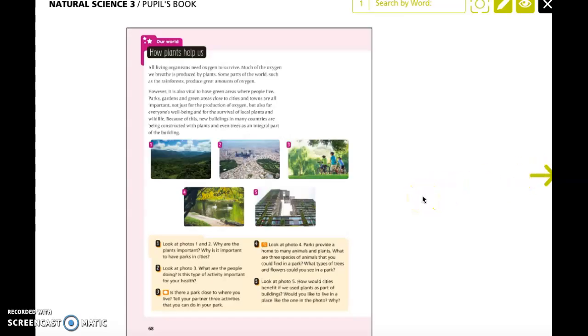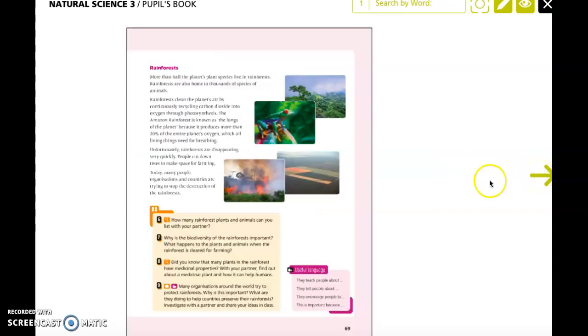Here we can see different ways plants help us, okay? In parks, gardens, green areas, they help us with giving us oxygen. And the rainforests, okay?